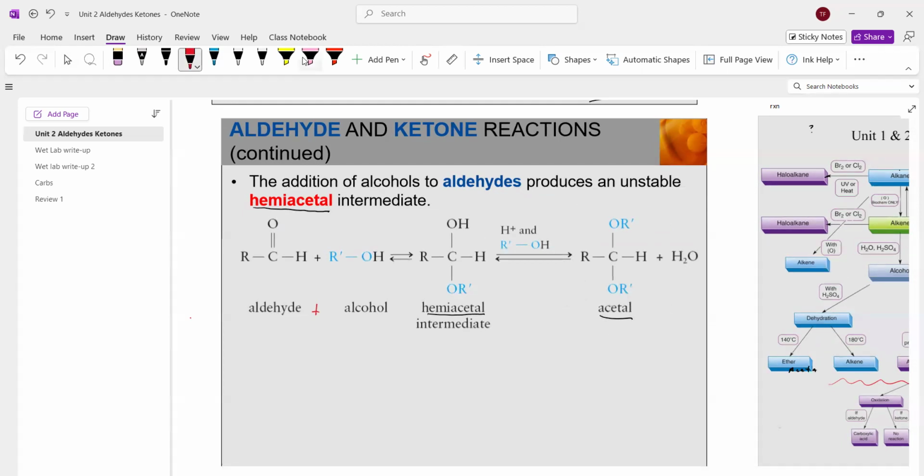Okay, there's also a ketone version of this that's called a ketal. Okay, so this is the original backbone. And that purple is the secondary backbone.